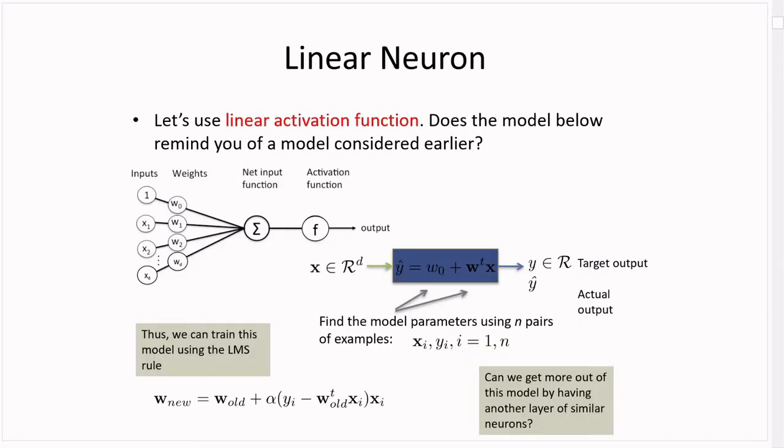Now let's look at a linear neuron. Of course, in the linear neuron, the activation function is a linear function. So the model for a linear neuron is shown here, and you can think about this model and see whether it reminds you of something that we have looked at earlier.